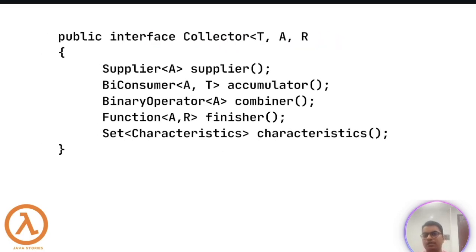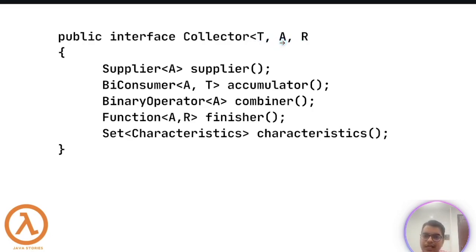Now let's look into the Collector interface. As I have told you, this is a supplier, this is a BiConsumer, this is a BinaryOperator which is a combiner, and then we have a finisher, and then we have some characteristics which we will talk about in a little while. So we have T, A, and R. A is basically the supplier's type.